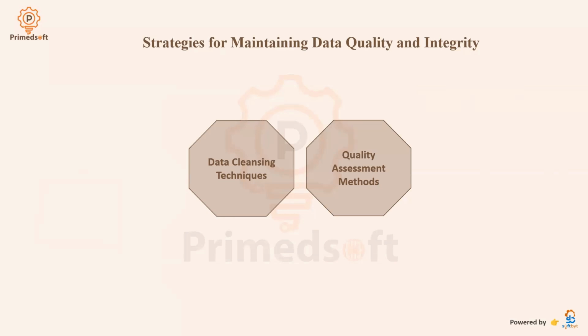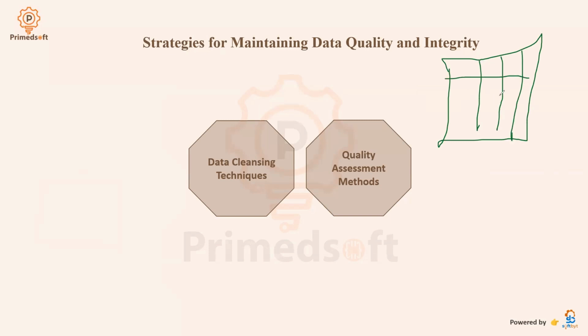So for the data cleansing techniques, you need to identify and rectify inaccuracies, inconsistencies, and duplicates within data sets. And when you're done noticing those things, you're able to remove the duplicates, remove the redundancy, and remove the missing values if need be.